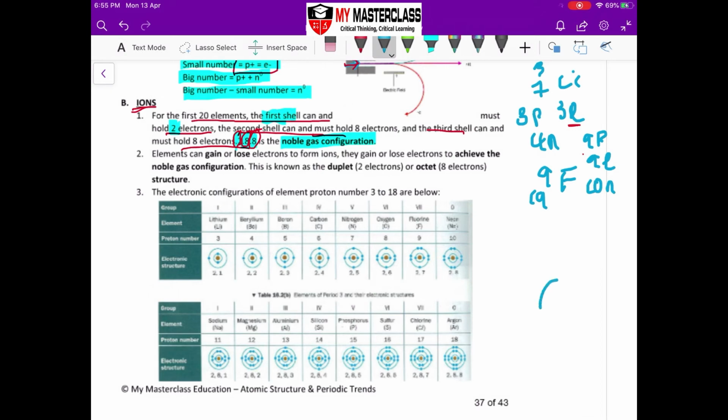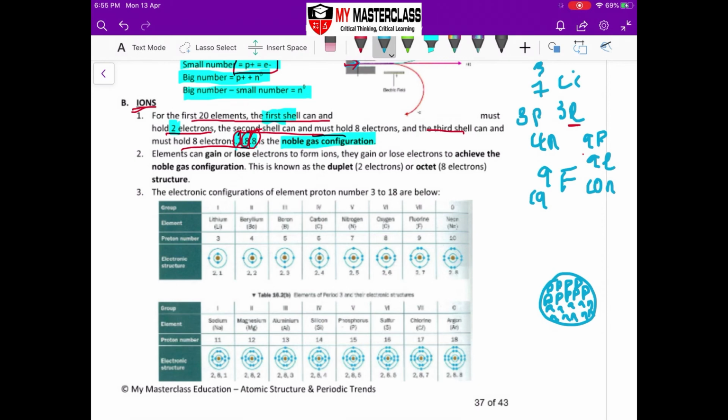Same thing, draw the nucleus, 9 protons, 1, 2, 3, 4, 5, 6, 7, 8, 9. 10 neutrons, 1, 2, 3, 4, 5, 6, 7, 8, 9, 10. This is the nucleus of fluorine.